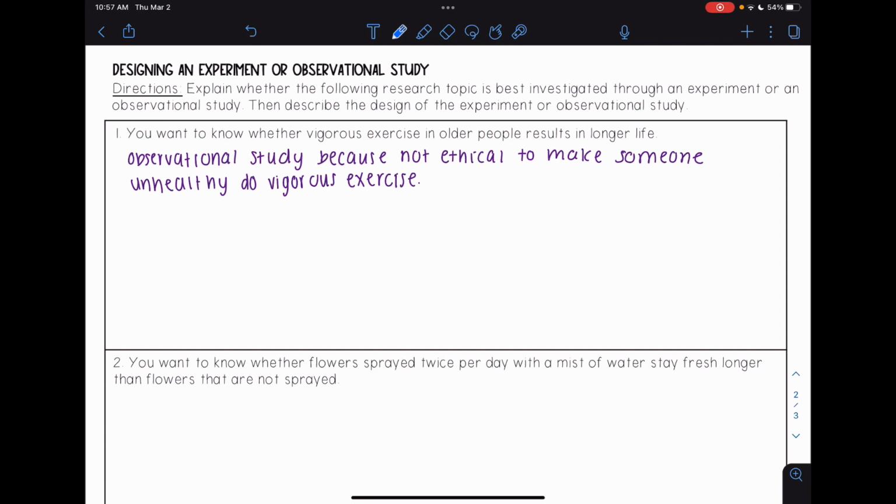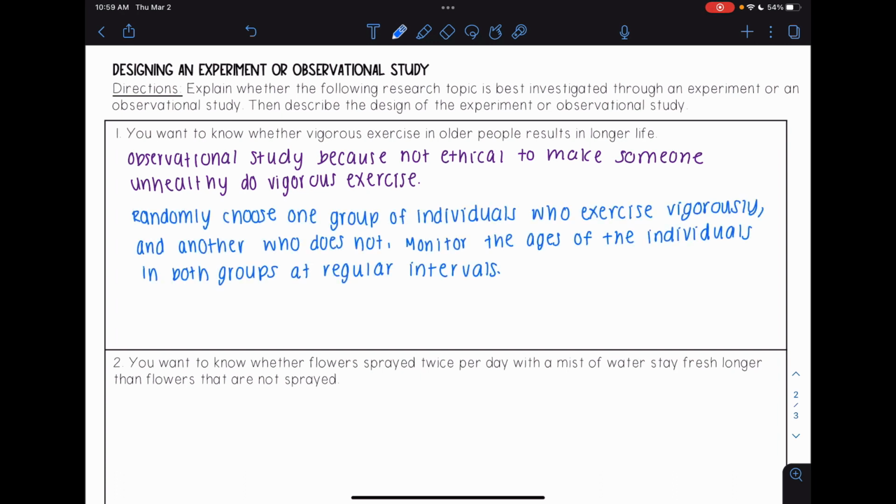And then monitor the ages of individuals in both groups at regular intervals. And then because of this, we would be able to identify a correlation between vigorous exercise in older people and longevity, but not causality. So I'm going to go ahead and pause this, write this down, and then we'll move on to the next problem.